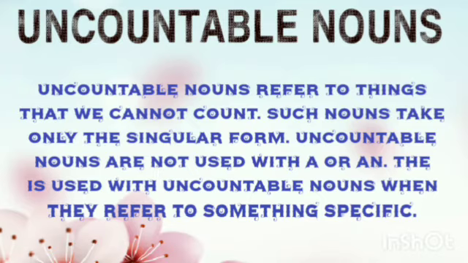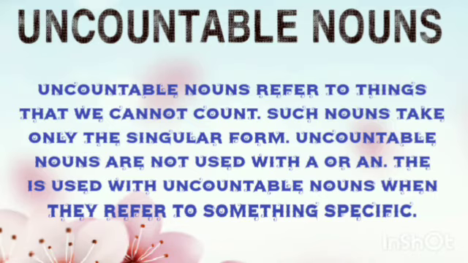Uncountable nouns always refer to the things that cannot be counted. Keep it very clear, my dear children: countable nouns can be counted, whereas uncountable nouns cannot be counted. Uncountable nouns take only the singular form. They cannot be in plural form.